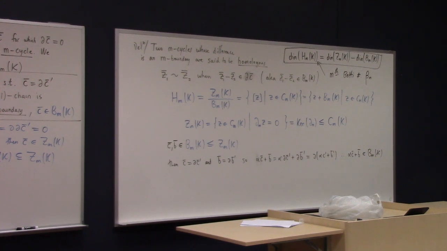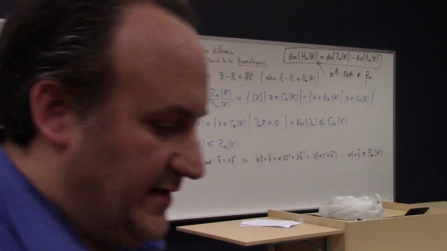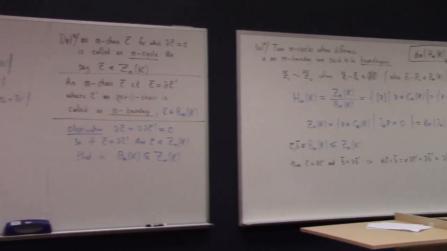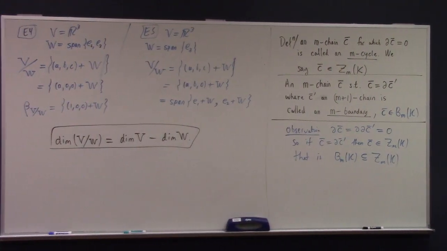You can talk about singular cycles and singular boundaries. These are sort of continuous images of the triangulation forming this set of singular m-chains.